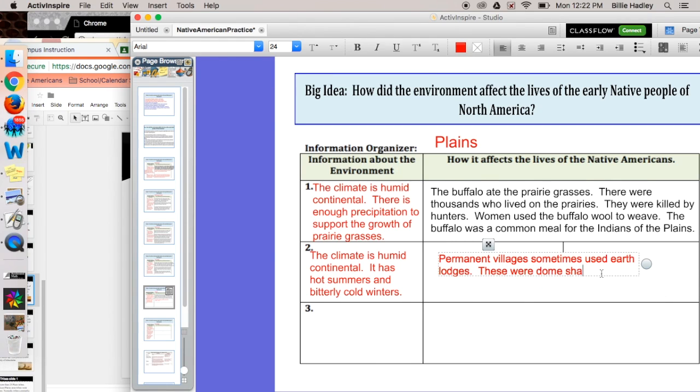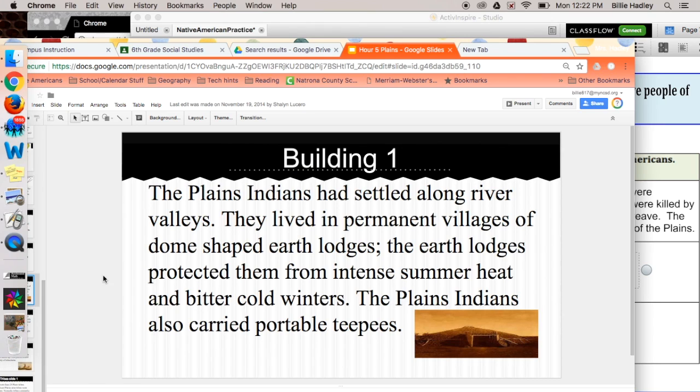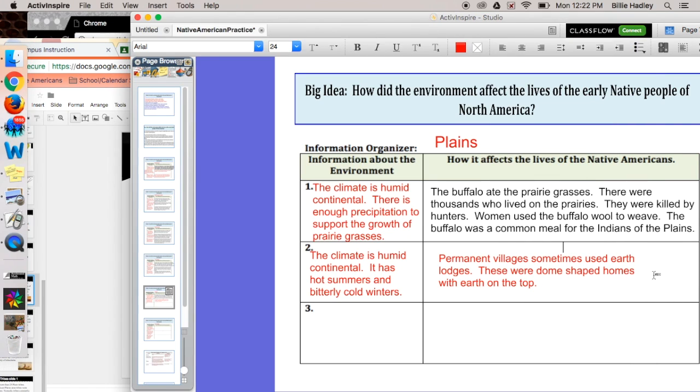These were dome-shaped homes with earth on the top. And we'll put it protected them from. This protected them from the heat of summer and cold of winter.